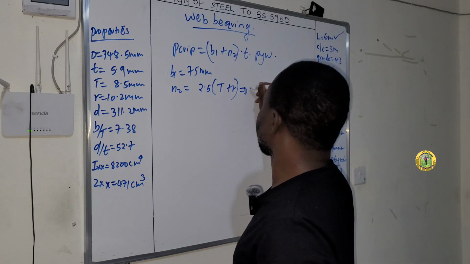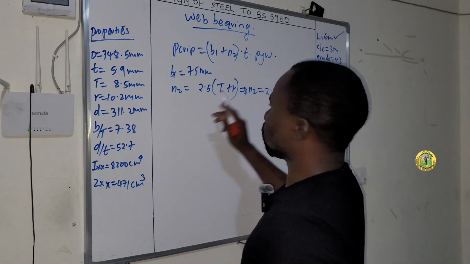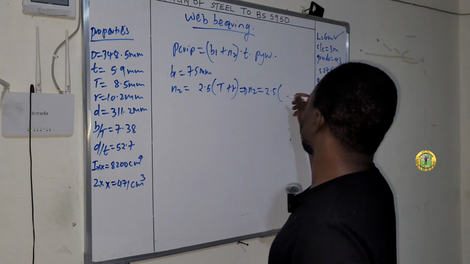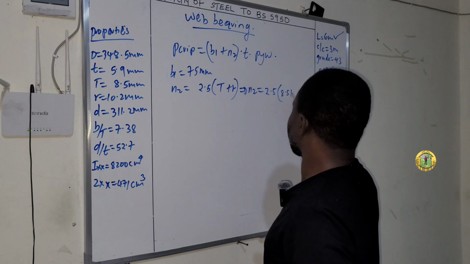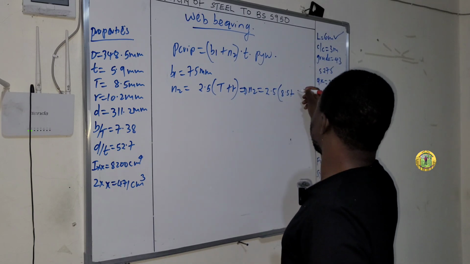So N2 is equal to 2.5 times capital T here, 8.5, plus the root radius, which is 10.2.